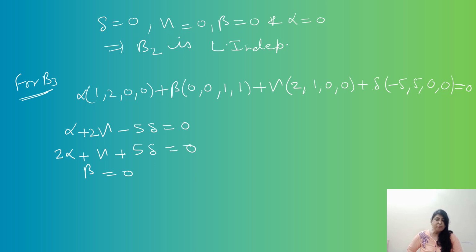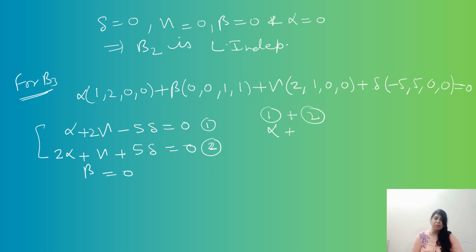Then you have delta is equal to 0, beta is equal to 0. So what will we do? We will solve these two equations. When you add these two, what you will get?